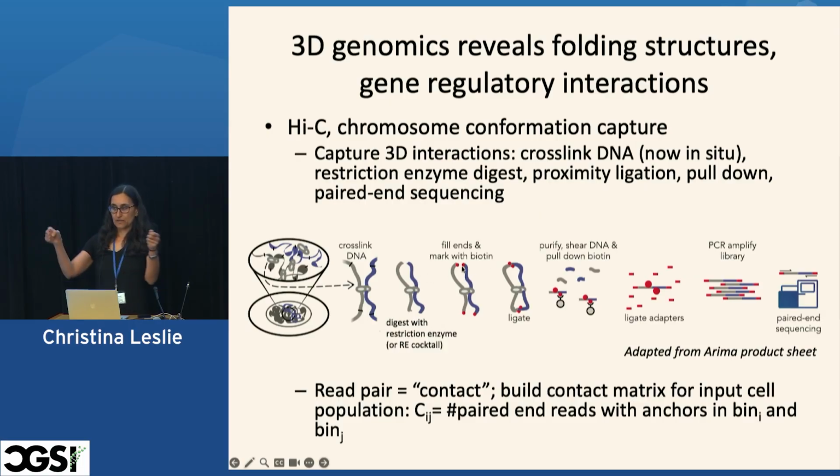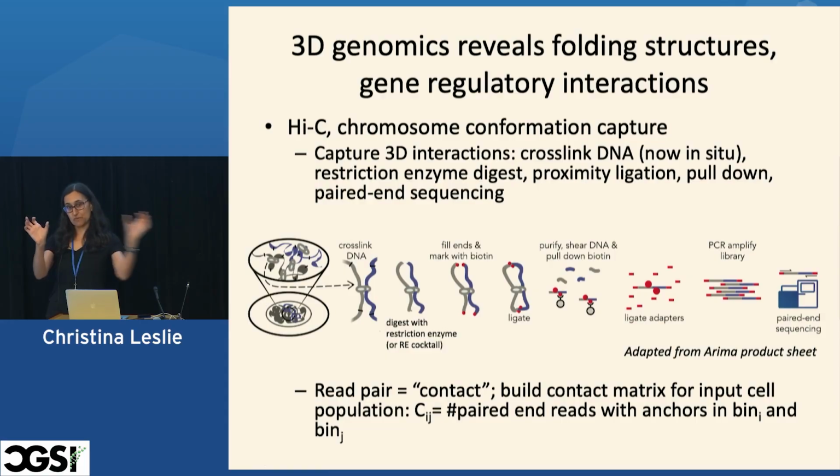You ligate the ends together, pull down, and you get these chimeric reads that are gray and blue in the picture, and you do paired end sequencing. And the idea is the gray and blue chimeric reads, the gray part and the blue part, are far apart in the linear genome, but they came together, they were captured by this assay, so there was a contact in a cell in the input population.